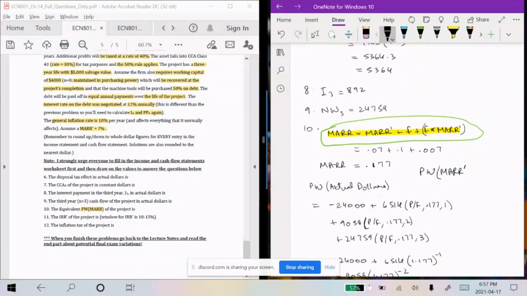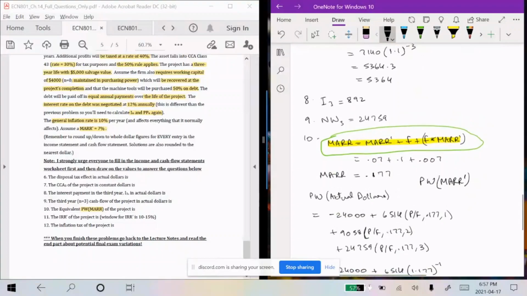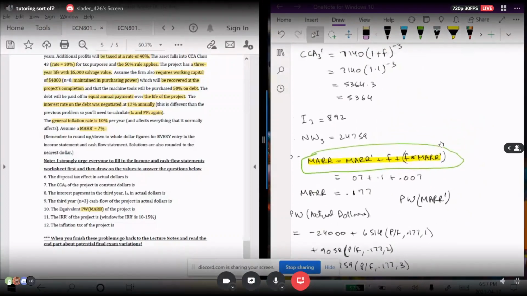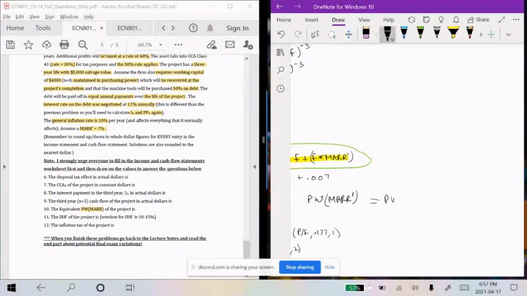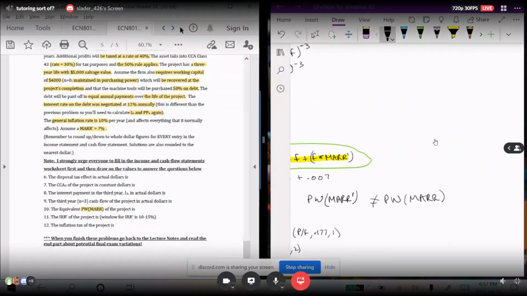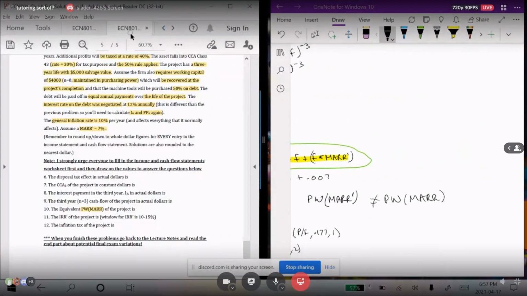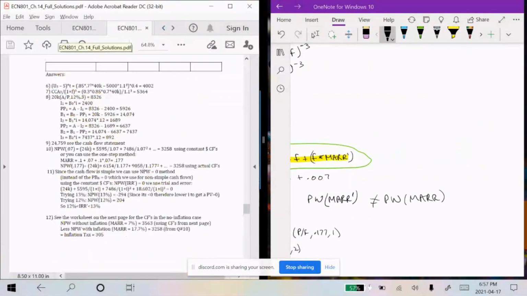It's the same thing, isn't it? No, it isn't. PW of MAR dash is not equal to PW of MAR. But that's what he showed in the slides, or in the answer, I think. Just check the answer, because that's what I was thinking originally. You could have just used the constant dollars.